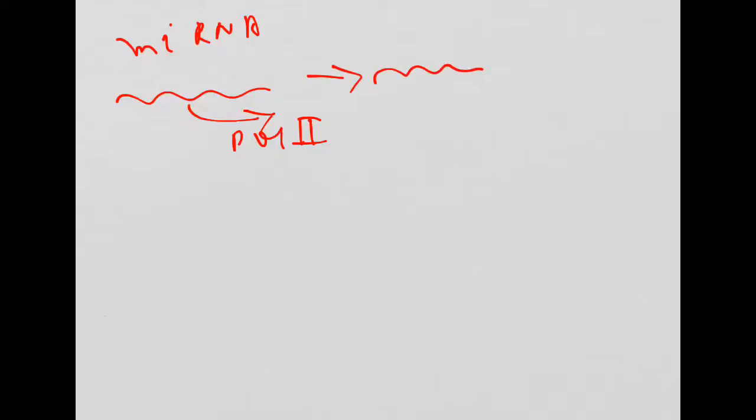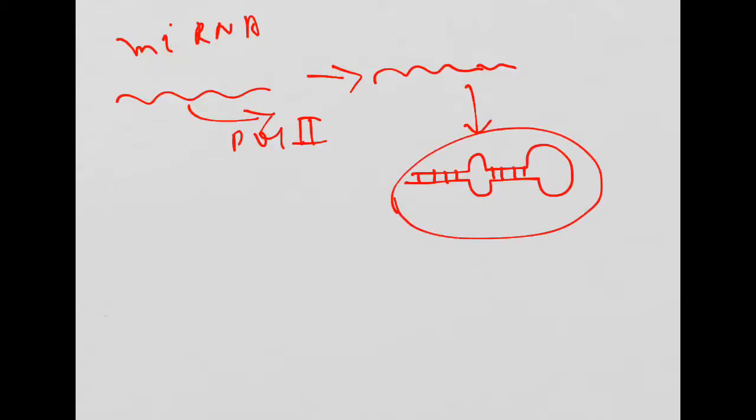Okay, if this mRNA molecule has some sequence complementarity, if it's very long and it has repeated sequences, or it has some base sequence complementarity, then they will form some structures like this. The sequences which are complementary to each other will fold and bind to each other, forming this type of stem loop structure. Okay, this structure is formed inside the nucleus.